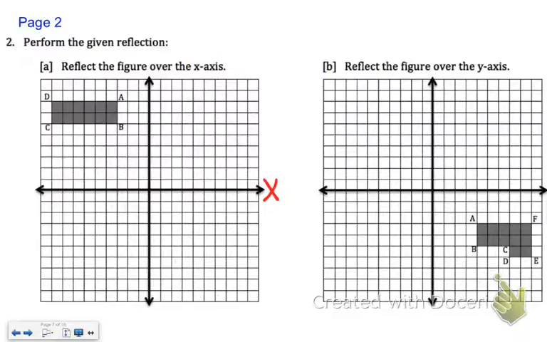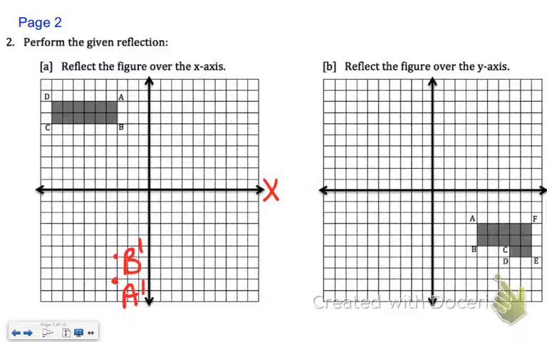Since B is 6 units away from our line of reflection, B prime will be 6 units away on the opposite side. Be sure to label your new point with its prime as soon as you've plotted it, to be sure that you've already taken care of that point and that you're not repeating the same one. A is 8 units away from the x-axis, so A prime will be 8 units away on the opposite side.